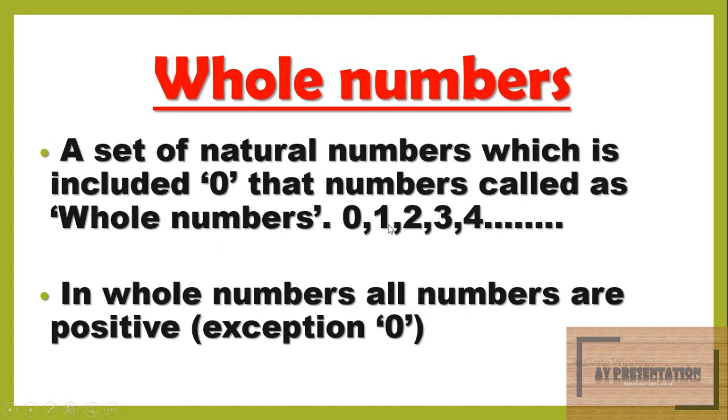Student, in whole numbers 1, 2, 3, 4, 5, all these kinds of numbers are positive, but 0 is not a positive number or a negative number. The difference between whole numbers and natural numbers is that natural numbers do not include 0, but whole numbers add 0.